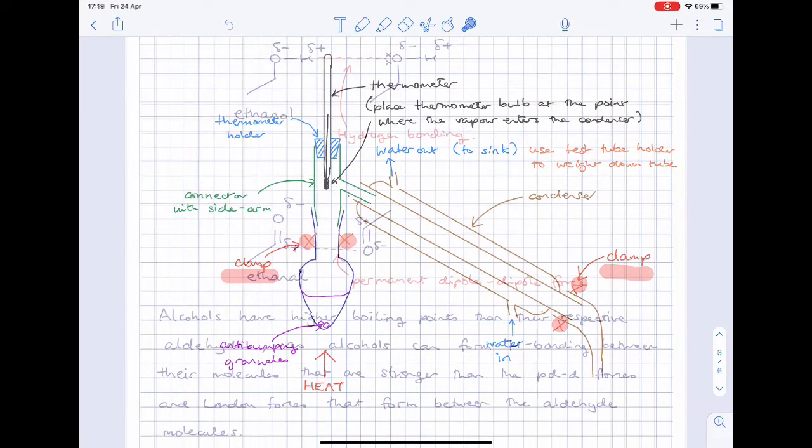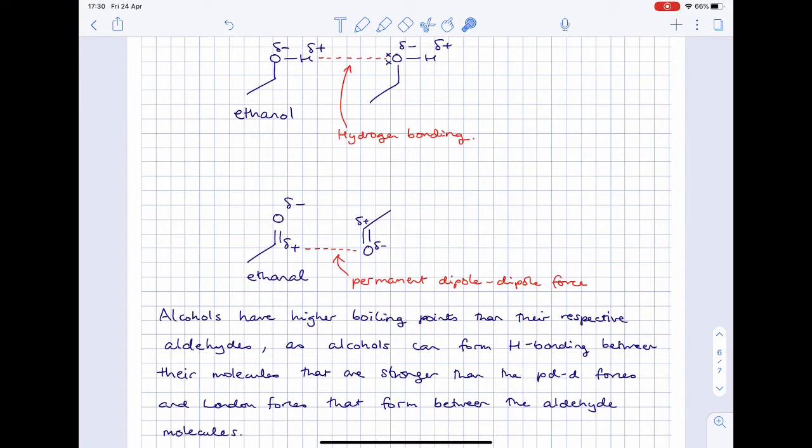Now, an aldehyde has a lower boiling point than the respective alcohol because the alcohol can form hydrogen bonding between its molecules. So alcohols have a higher boiling point than their respective aldehydes, as hydrogen bonding between alcohol molecules is stronger than the permanent dipole forces and the London forces that form between the aldehyde molecules.